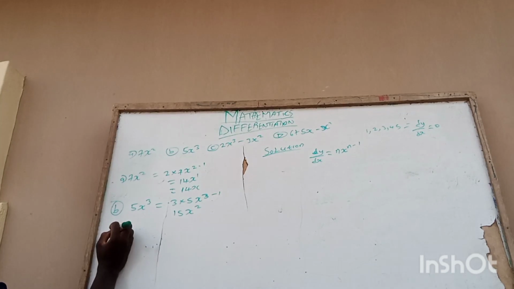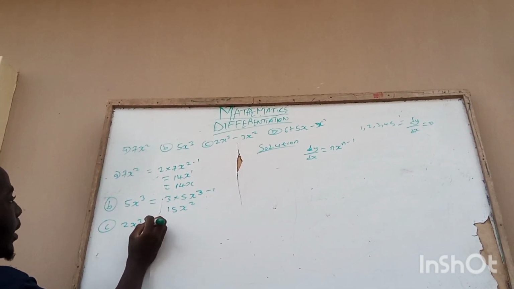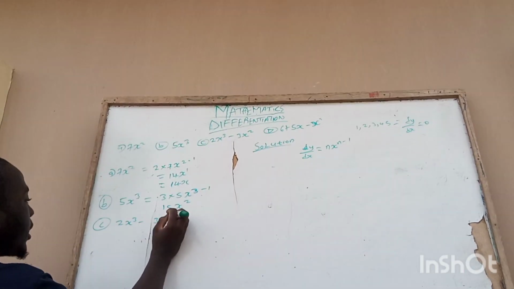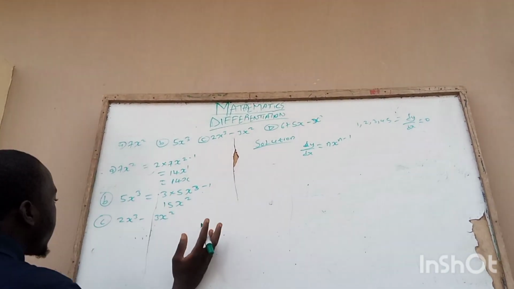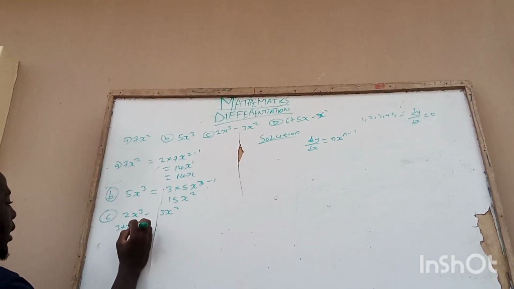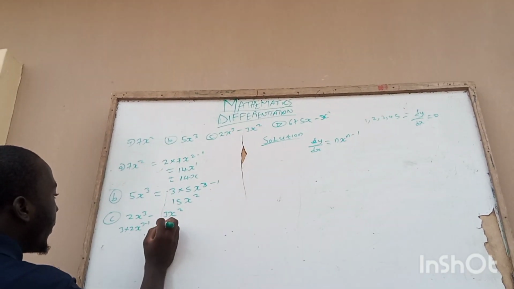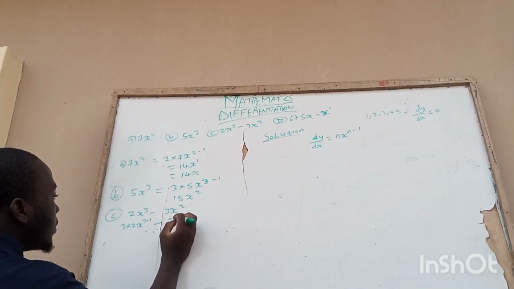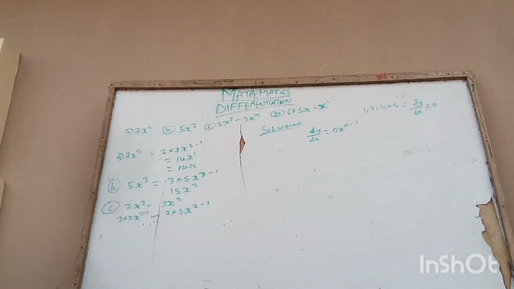For the third question, we have 2x cubed minus 3x squared. We are going to do this one separate, this one separate. So the differentiation of this will give us 3 times 2 x raised to power 3 minus 1, minus 2 times 3 x raised to power 2 minus 1.